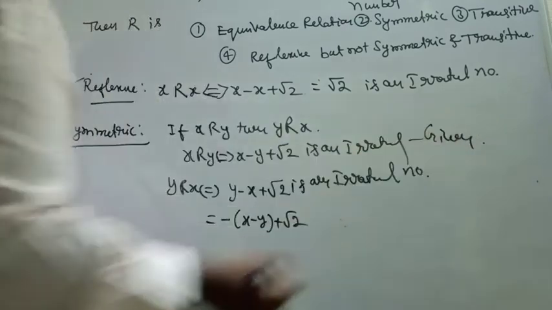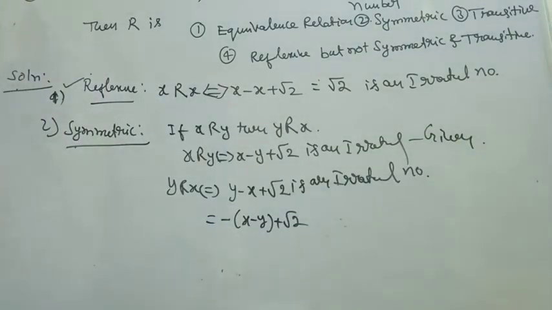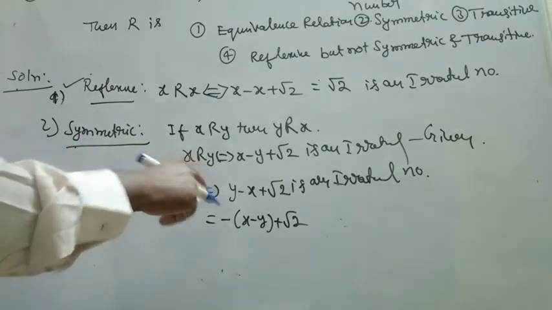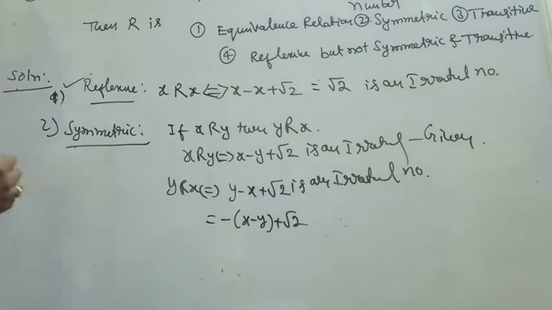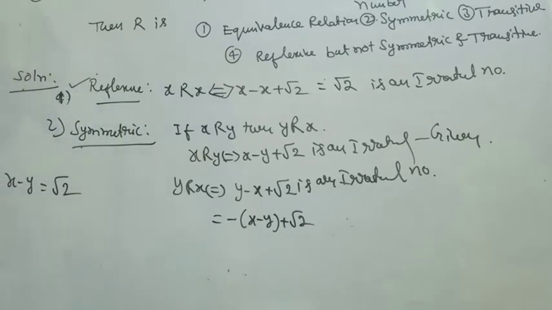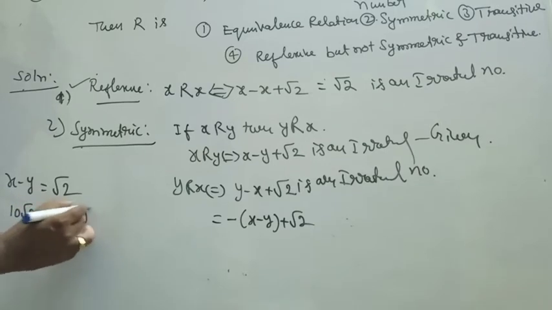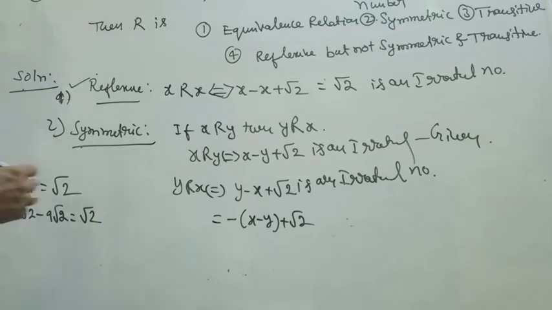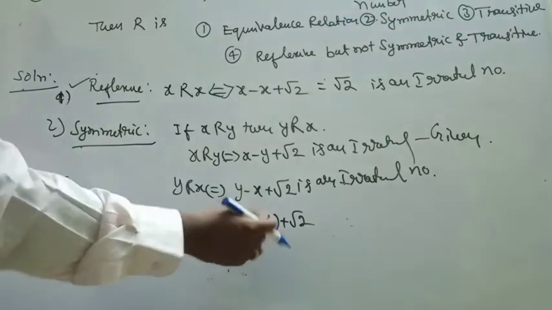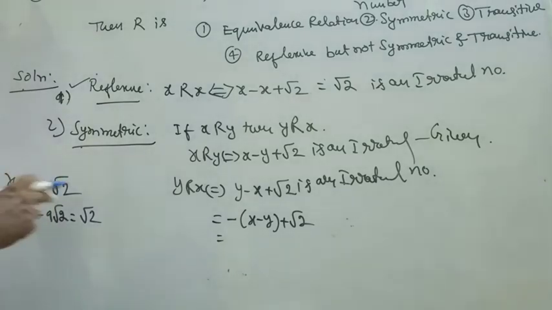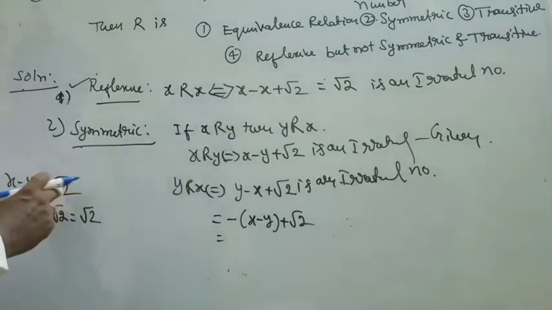So x minus y can be root 2, that is possible. Suppose I take 10 root 2 minus 9 root 2, this is equal to root 2. When x minus y equals root 2, then x minus y plus root 2 is root 2 plus root 2.